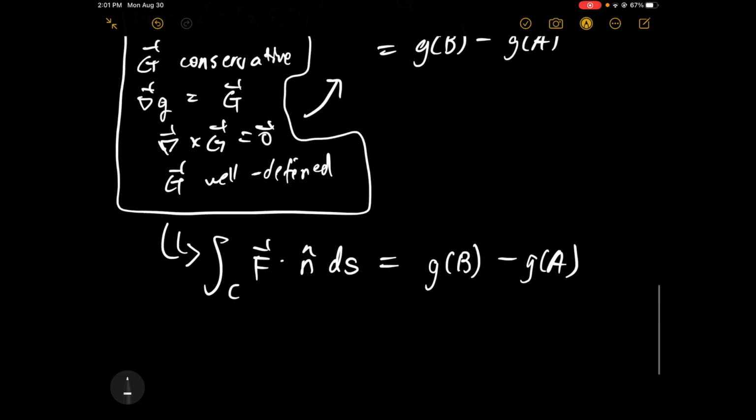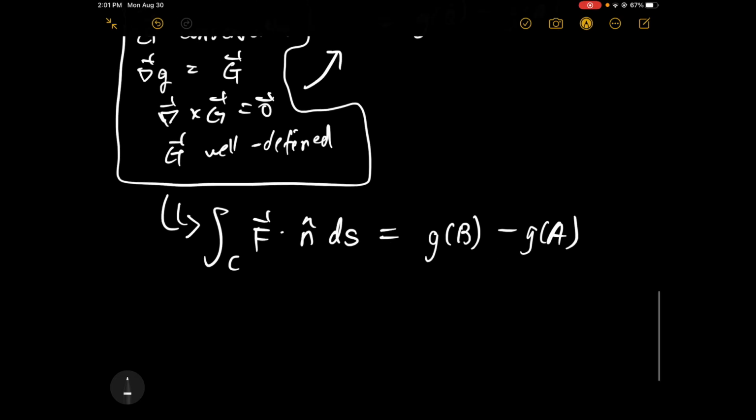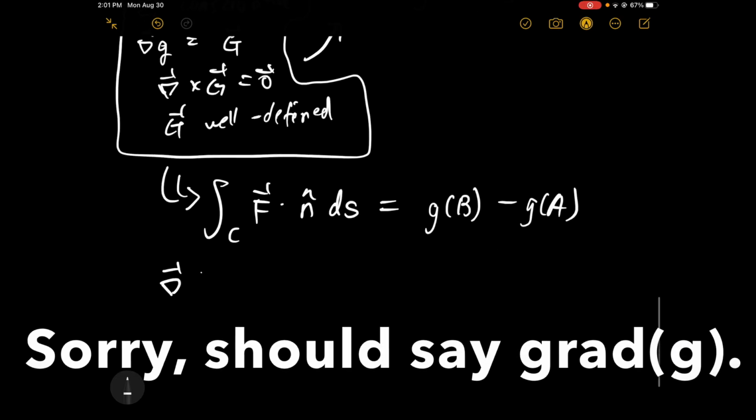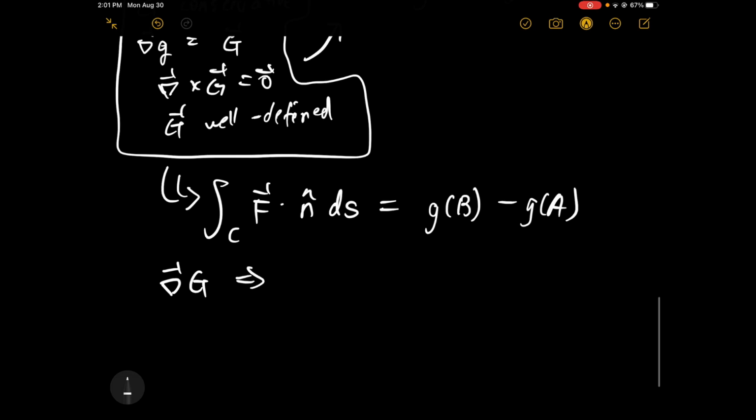But now we want a more specific condition. Can we evaluate whether we can use this theorem without directly consulting G? There actually is a way. We start with the definition that G should be conservative, which implies that the curl of G is a zero vector.